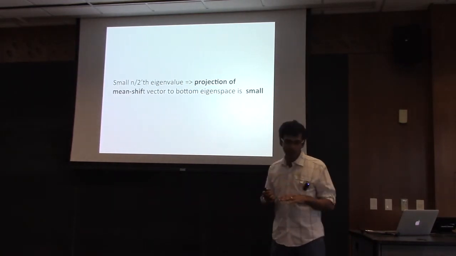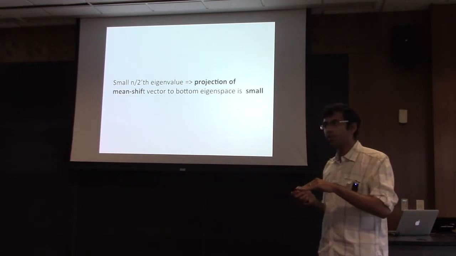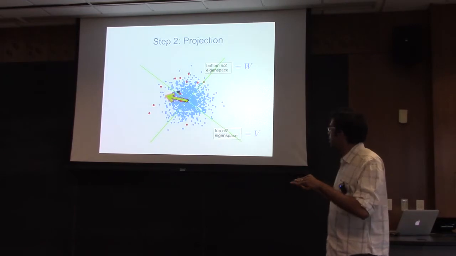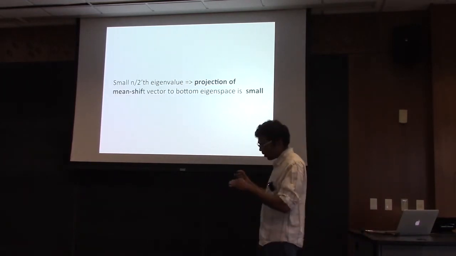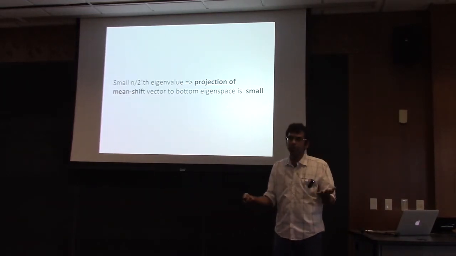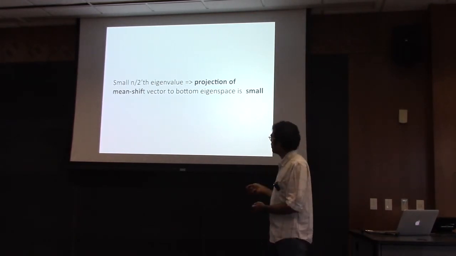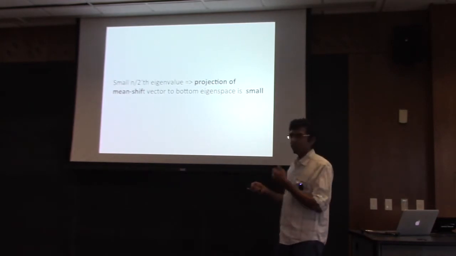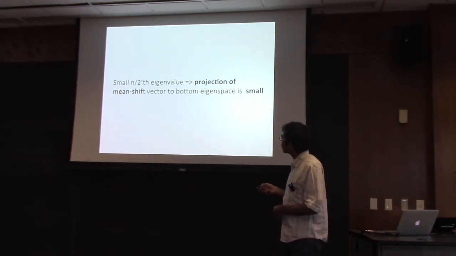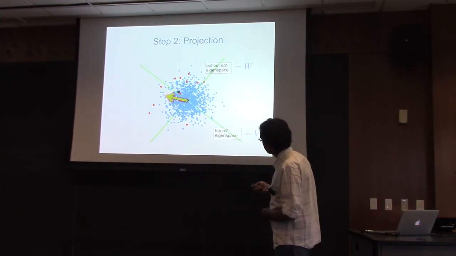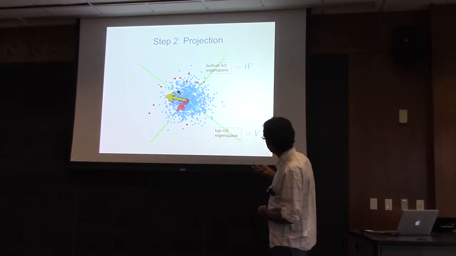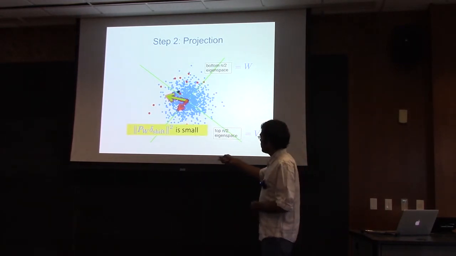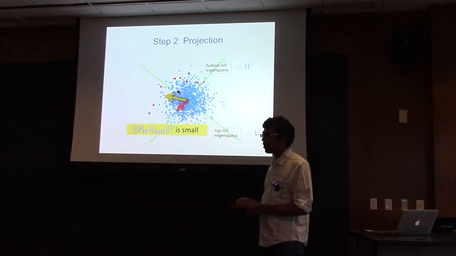Okay, so now that we have bounded the n over 2th eigenvalue of sigma S, that also gives a bound on all the eigenvalues below it. They can be at most sigma square plus order eta sigma square. Now that lets us control the length of the projection of the mean shift vector. So the projection onto the bottom n over 2 space of the mean shift vector is this red one, and we can show that its length is small.